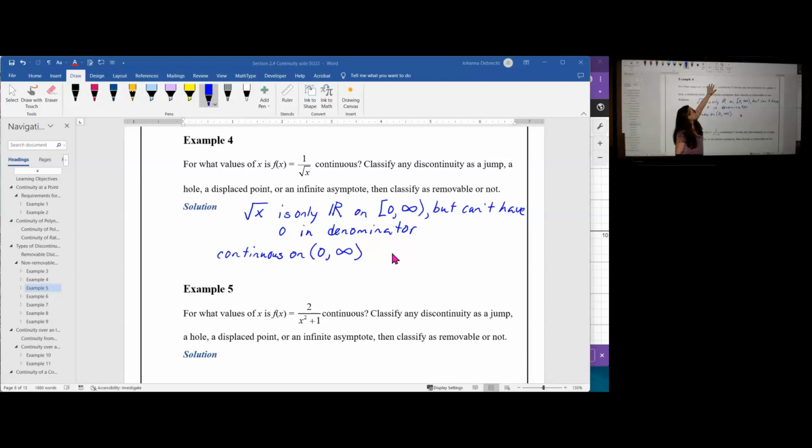There is no other reason why we would have any kind of break in the graph. To have a hole, I have to have a factor that cancels completely from numerator and denominator, and I do not. To have a displaced point, I have to have a piecewise defined function so it can define that piece at some other place.